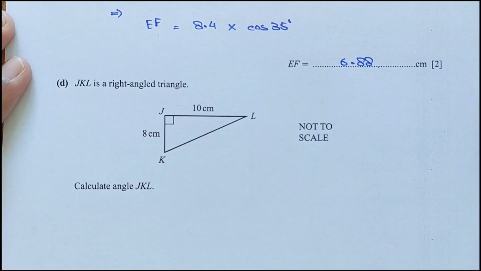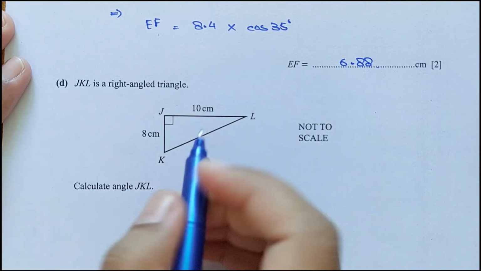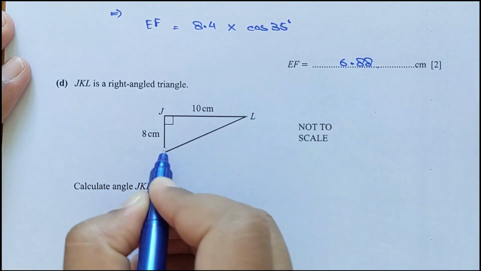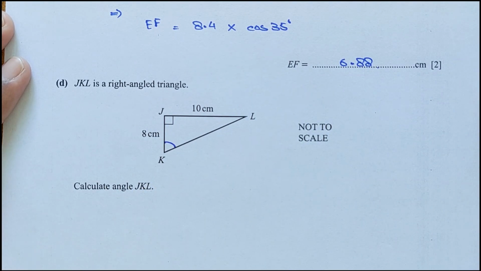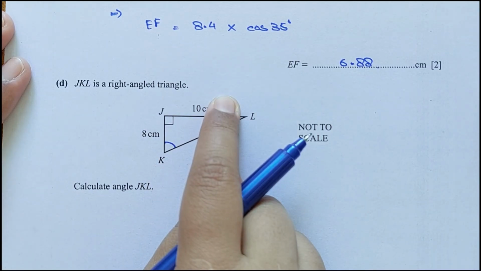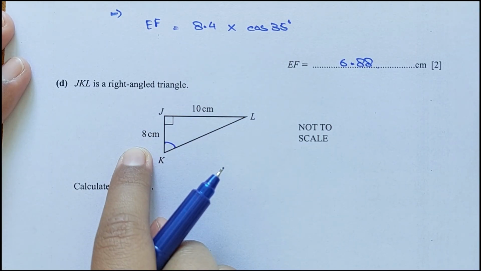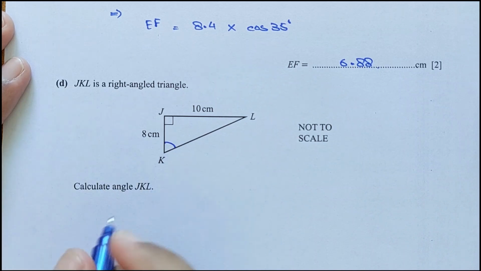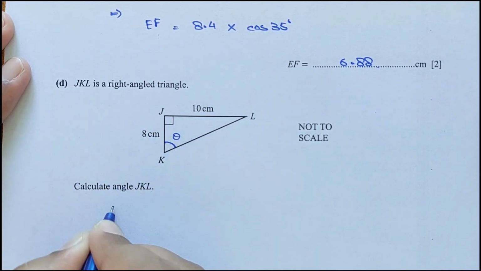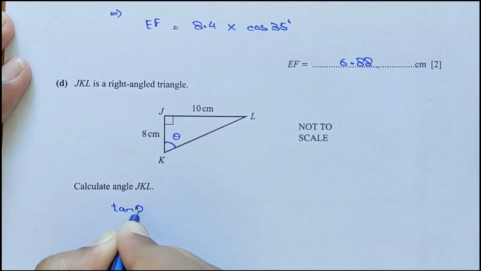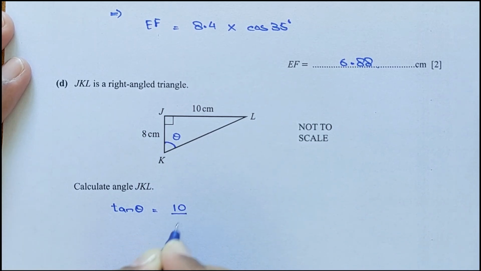Now for part D, JKL is a right angle triangle. Calculate the angle JKL. J, K and L, this angle we have to calculate. So with the opposite and the adjacent, we can use the tangent ratio. Let's say this angle is theta. So tan theta, opposite is 10, adjacent is 8.